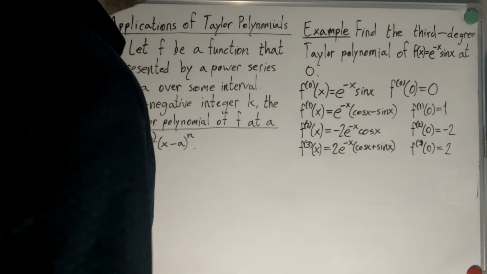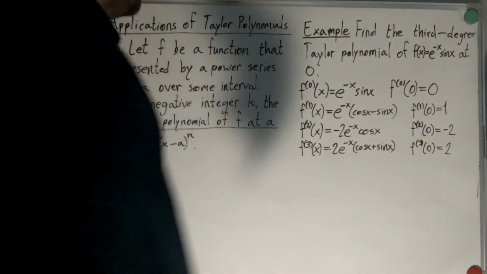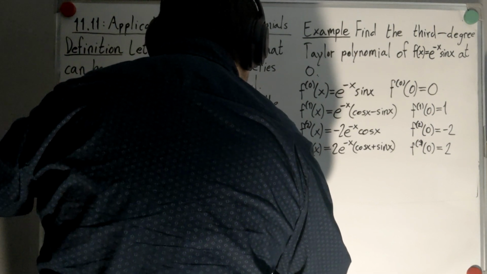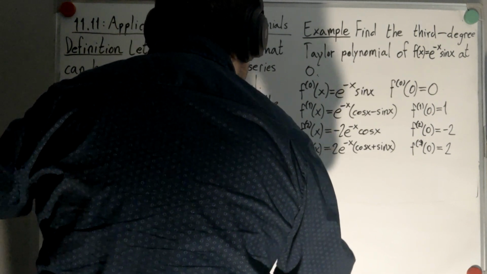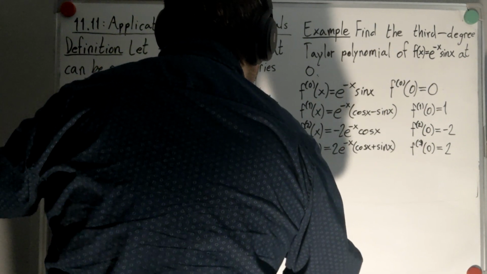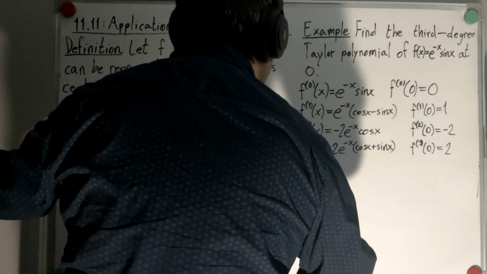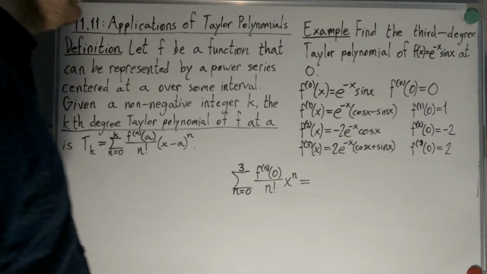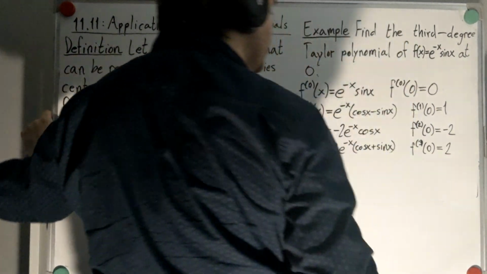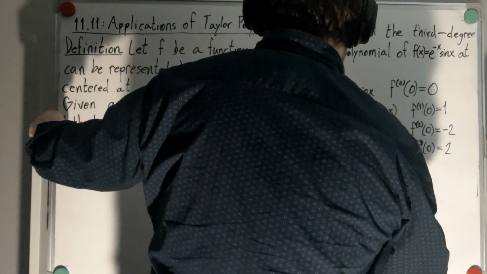So our third degree Taylor polynomial of e to the negative x sine x is the sum from n equals 0 up to 3 of the nth derivative, evaluated at 0, divided by n factorial, x to the n. This turns out to be, 0 term is 0. One term is 1 over 1 factorial x to the 1, which is just x.